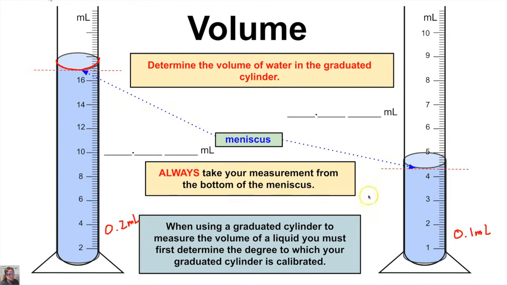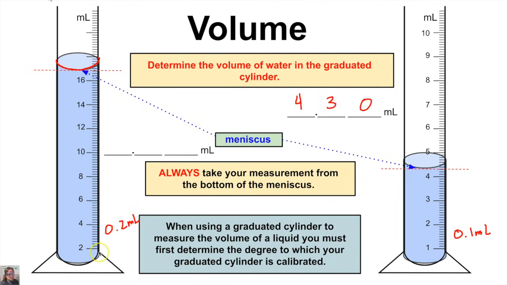If we wanted to determine the volume of water in here, we can see that we have 4.1, 4.2, and this is right on the 4.3 line. So 4.3, but keep in mind that we need to go one significant figure beyond the level of precision, so this will end up being 4.30 milliliters.